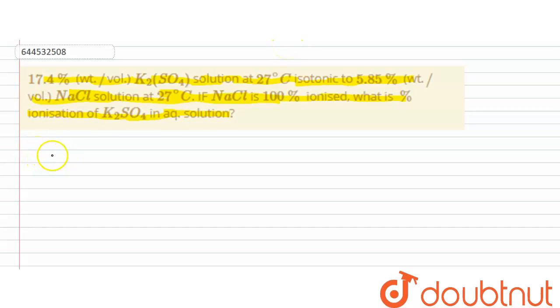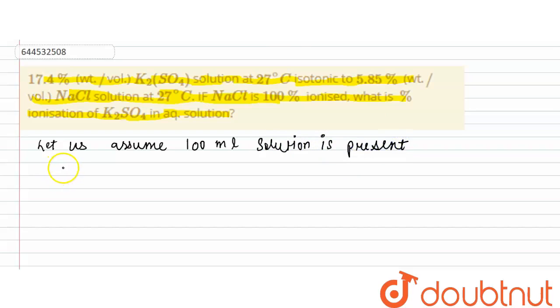Weight by volume percent is given. So let us assume that 100 ml solution is present. So in 100 ml solution, what is the weight of K2SO4?